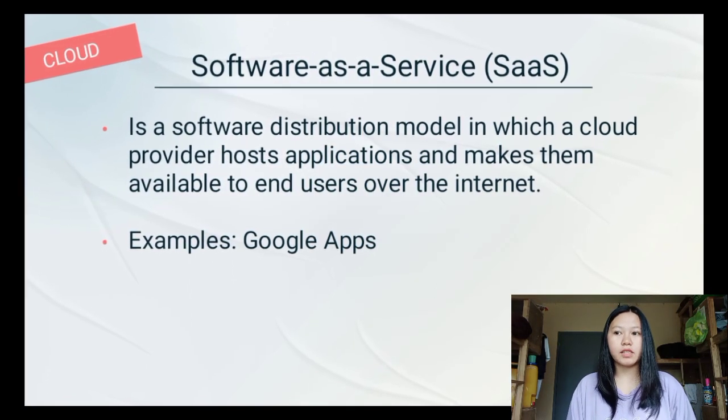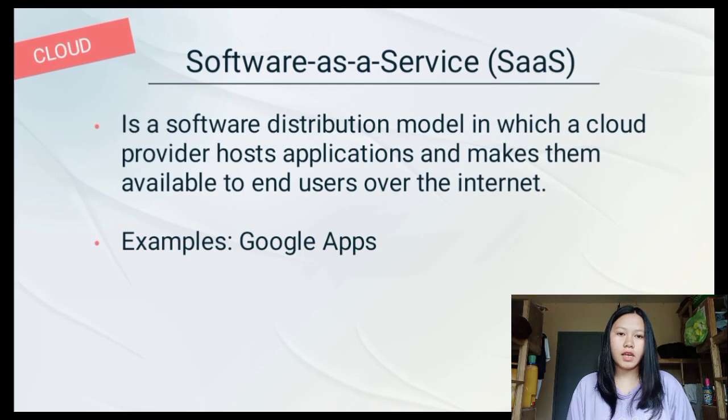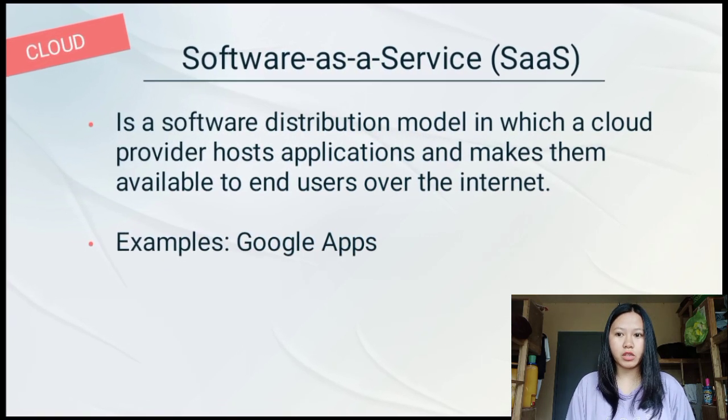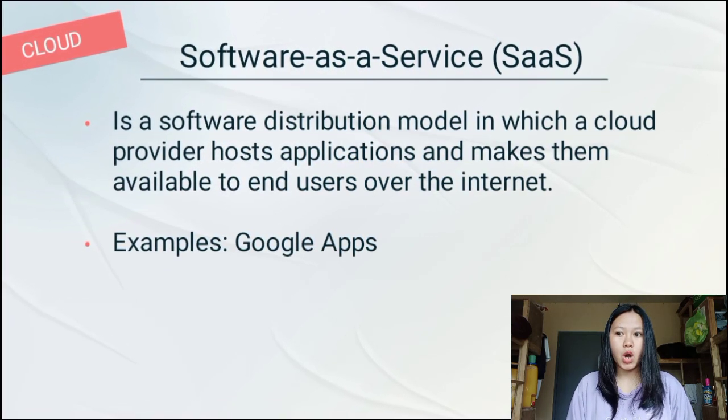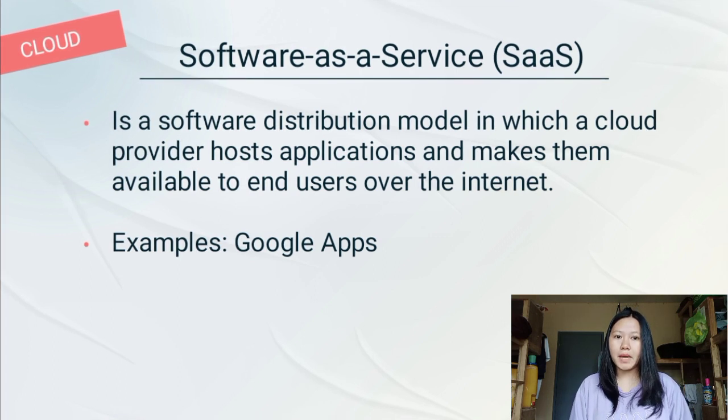And the last one is Software as a Service. It's a software distribution model in which a cloud provider hosts applications and makes them available to end users over the internet. Users typically pay a subscription fee to access the software, which is often based on a usage or licensing model.